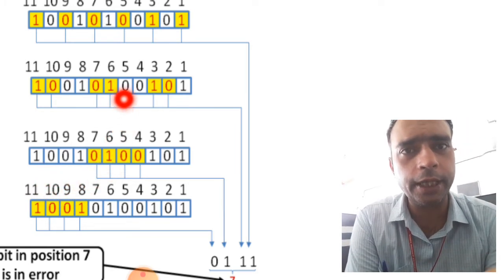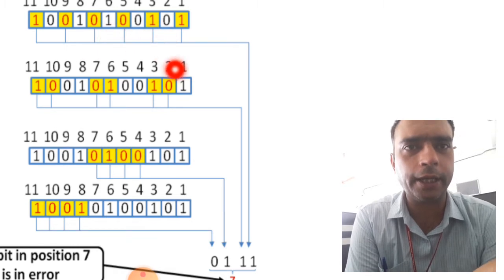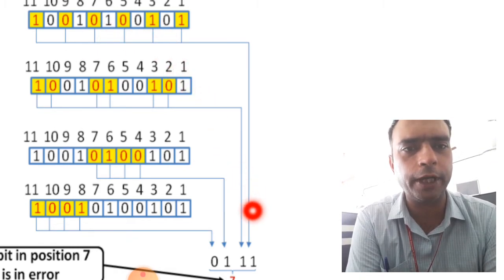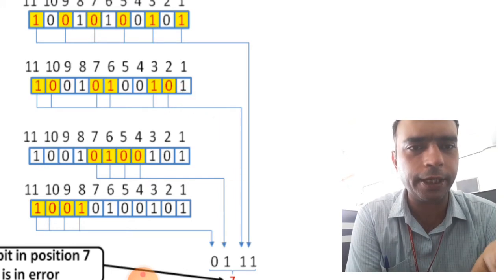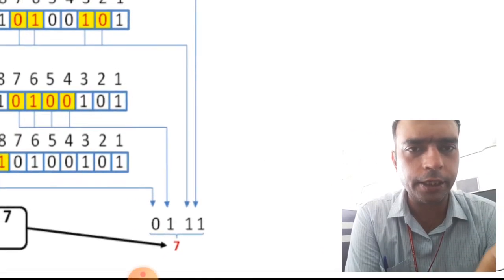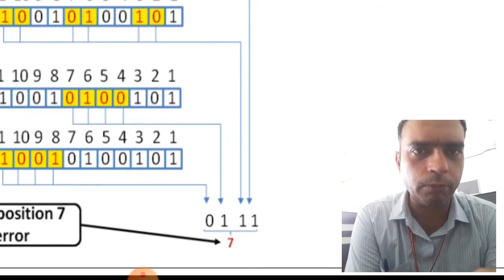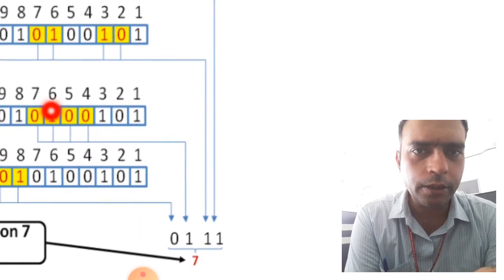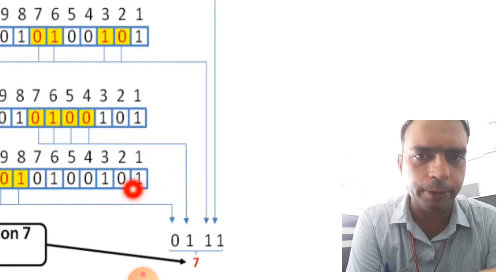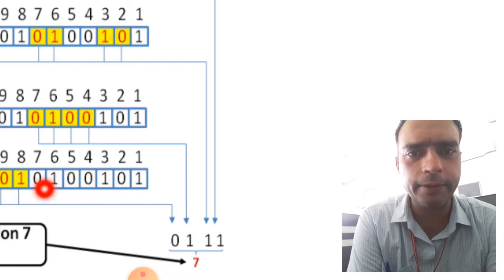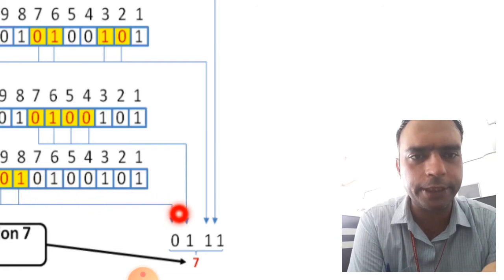So we can see that where an odd number of 1s is taken, the answer will be 1. Here also an odd number of 1s, so the answer will be 1. Again at the downside it is 1. Here also the total number of 1s is odd, so it will be 1, and here it is an even number of 1s, so it will be 0.